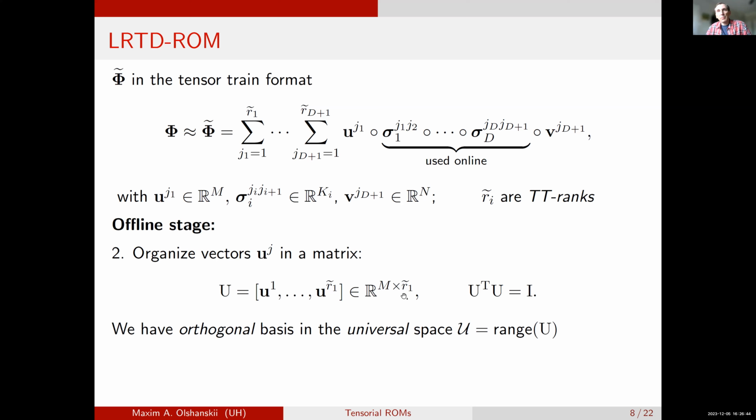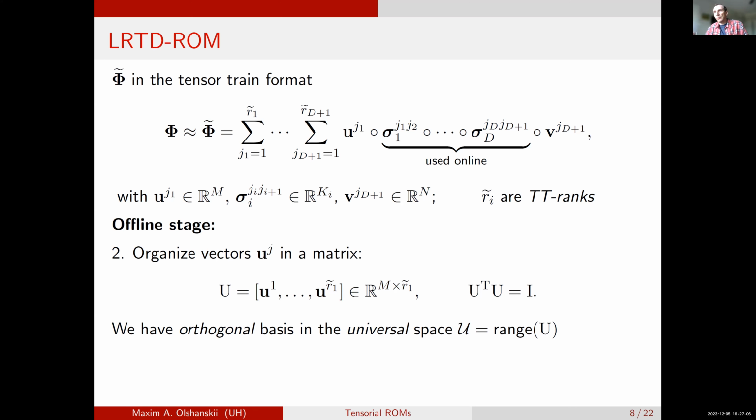The dimension of the space corresponds to the first TT rank, R1 tilde, but this first rank can still be rather large because this space keeps the information about snapshots for all times and for all parameters. So this information is there.